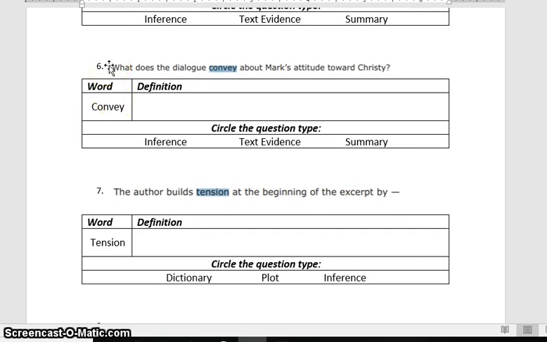Number 6. What does the dialogue convey about Mark's attitude toward Christy? What is the definition? And what type of question is this? Is this inference, text evidence, or summary?